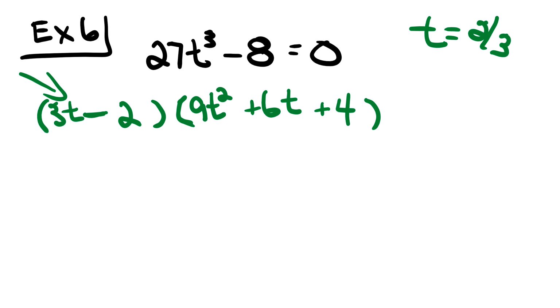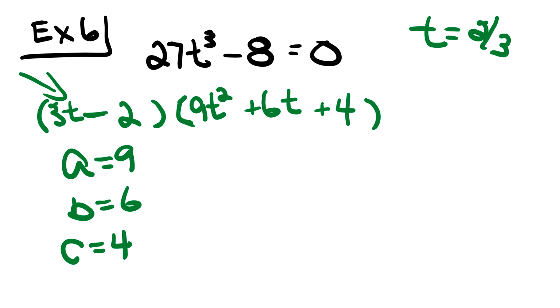That's one of my answers. But the real job now is to factor this 9t squared plus 6t plus 4. So I'm going to use the quadratic formula where a equals 9, b equals 6, and c equals 4. And that's what I'll use.